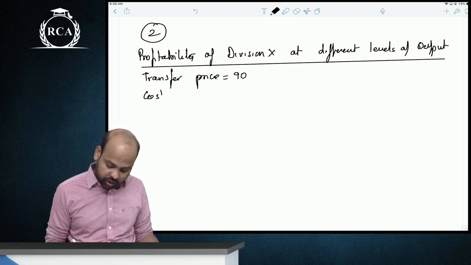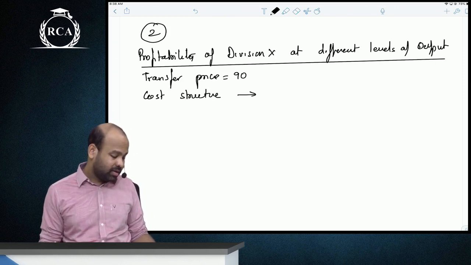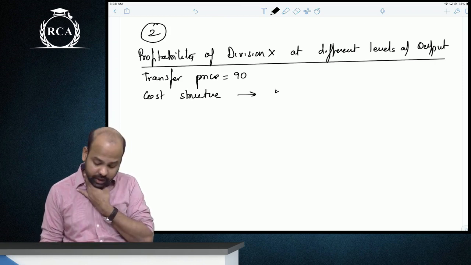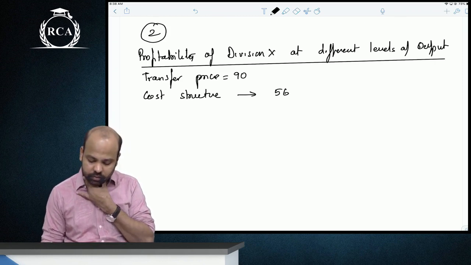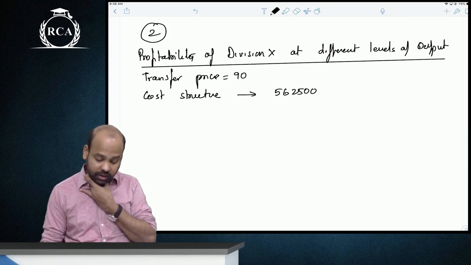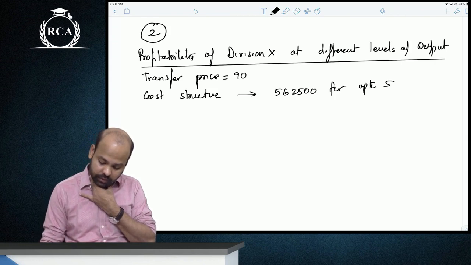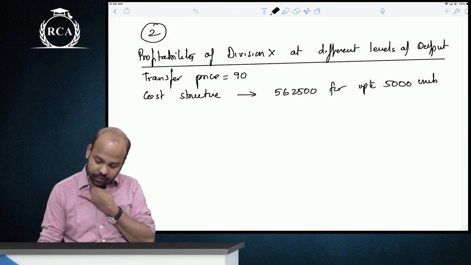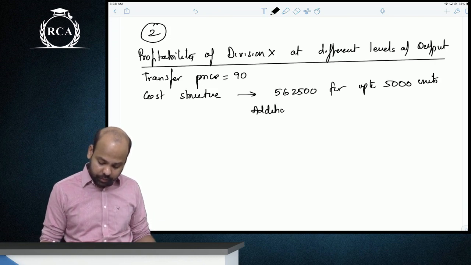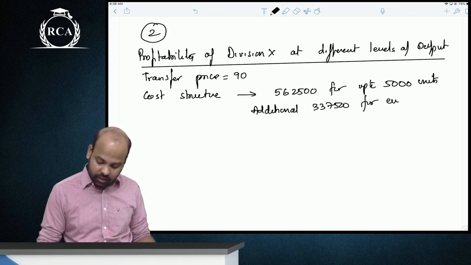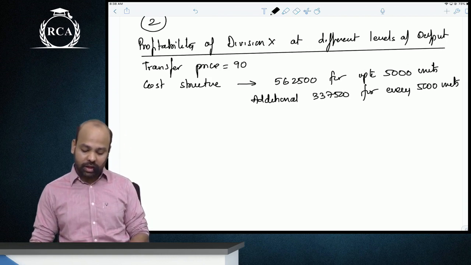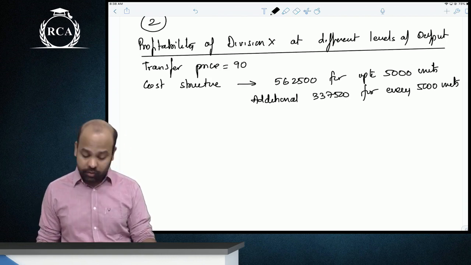The cost structure of this division is 5,62,500 for up to 5,000 units, and an additional 3,37,500 for every additional 5,000 units.